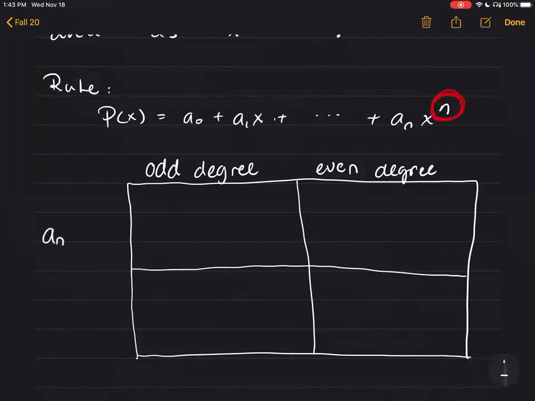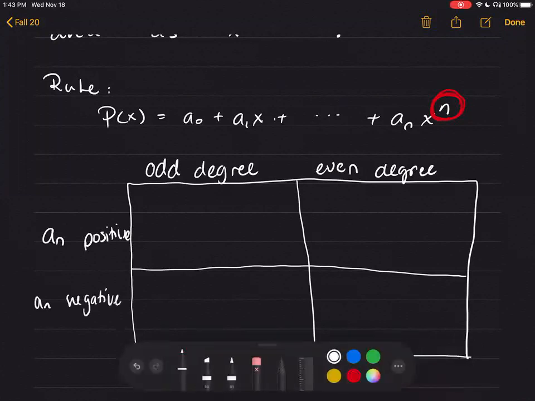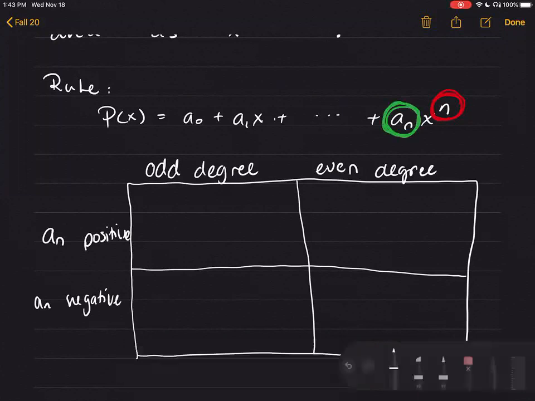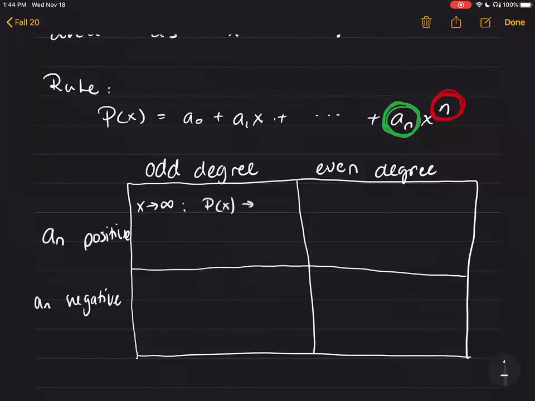And then it's also going to depend on whether an is positive or an is negative. And an is this an right here. It's the coefficient of the highest degree x. So if you've got odd degree and an is positive, as x goes to infinity, p of x goes to infinity as well.